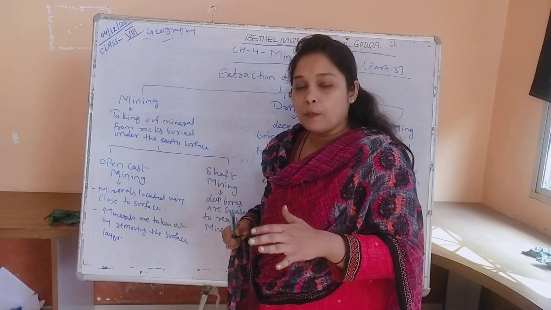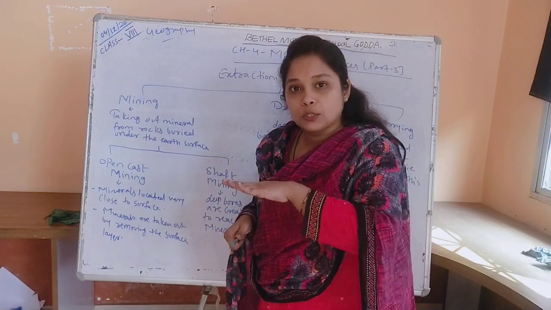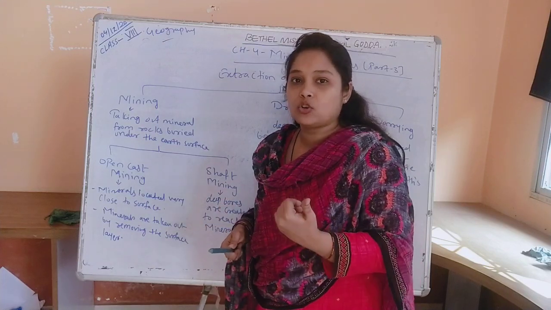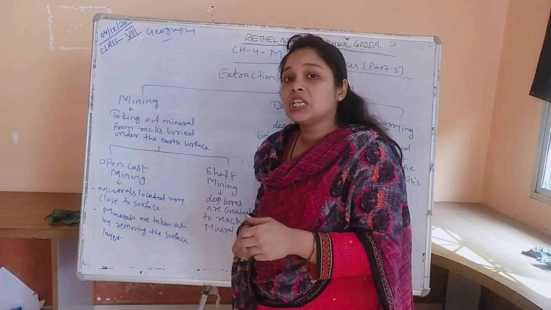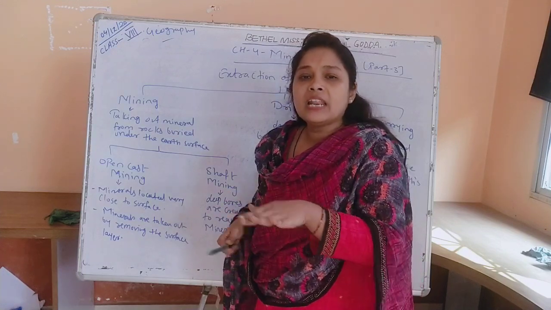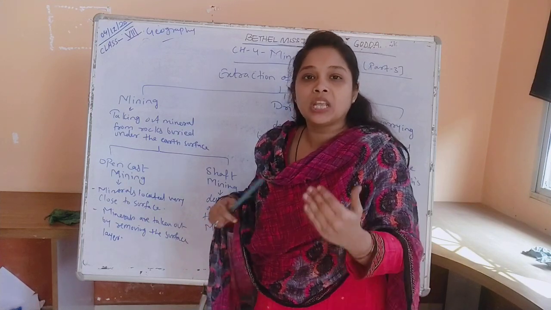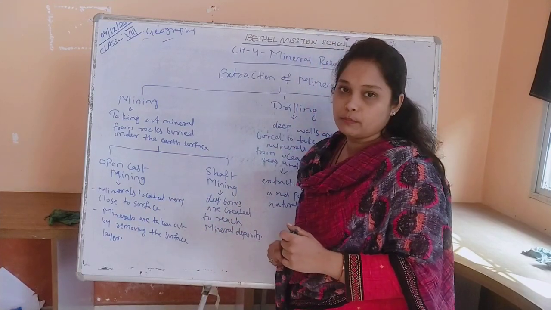In open cast mining, the layer of that particular surface of the earth is removed so that the minerals, which are located very near the surface, can be dug out and extracted. That is called open cast mining.